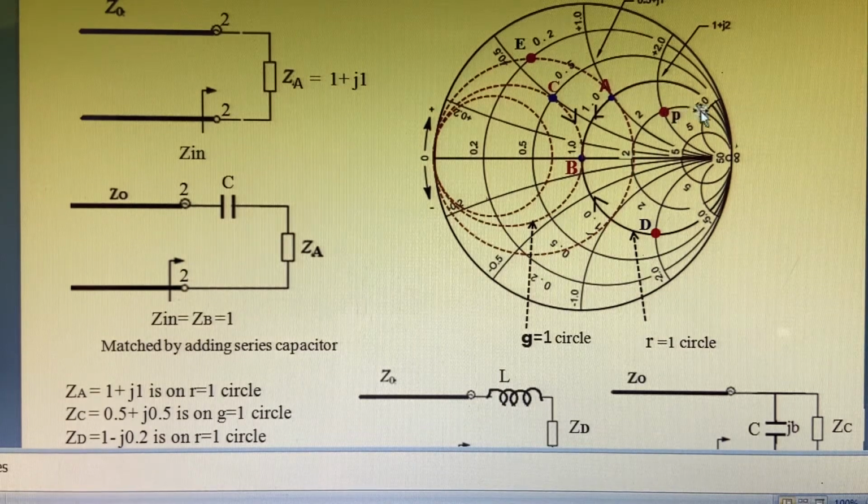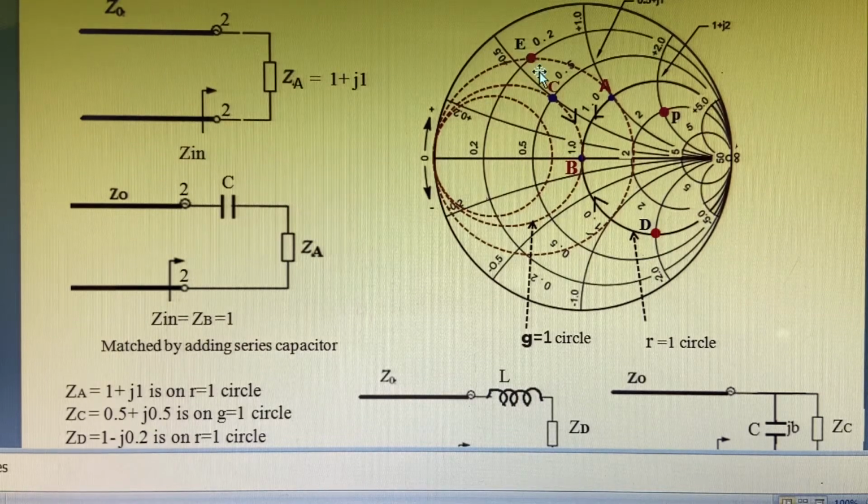Similarly, if you move like this, we do not reach the center. Even on the conductance circle, we cannot reach the center of the Smith chart. Whether you move clockwise or anti-clockwise on the resistance circle, we do not reach the center, and likewise moving over the conductance circle for this point we do not reach B.